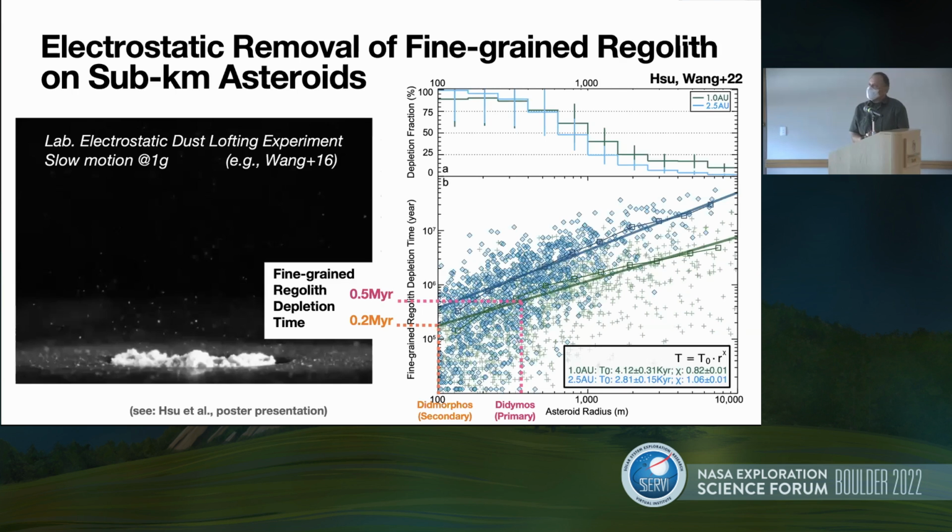On the right is an evolutionary model of what happens on the surface of an asteroid as you start removing small particles. This is a Monte Carlo simulation that involves a lot of moving parts, a lot of bits and pieces. What happens when you have impacts? What happens when you have thermal fatigue? What happens when the small population of dust particles no longer covers up the big ones?